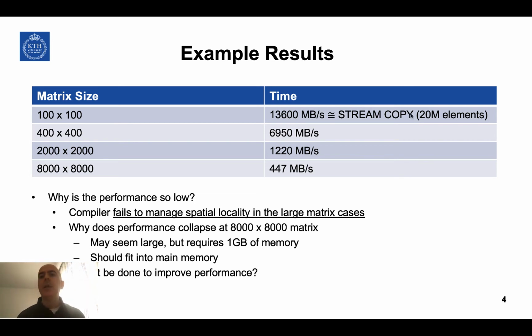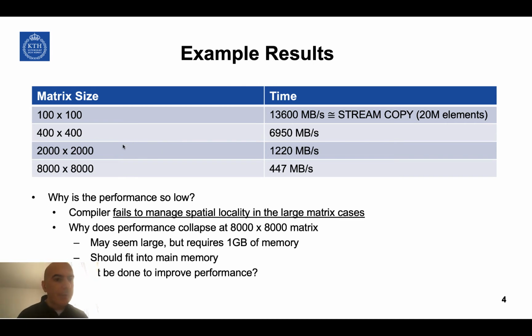That is roughly the same bandwidth I get by running the STREAM copy kernel with 20 million elements. As you can see, just slightly increasing the size of the matrix, the bandwidth is dropping.